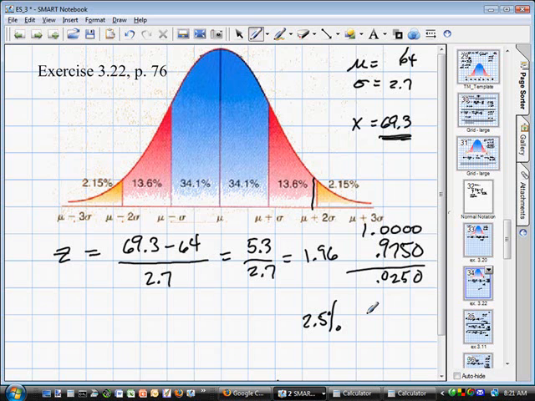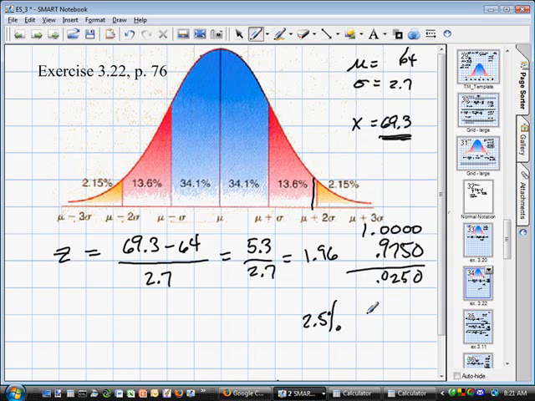Standard normal drill. Find the number z such that the proportion of observations that are less than z in a standard normal distribution is 0.8. Okay. So, they're already giving us the percent, right? It's 80%. So what z will give you 80% below it?